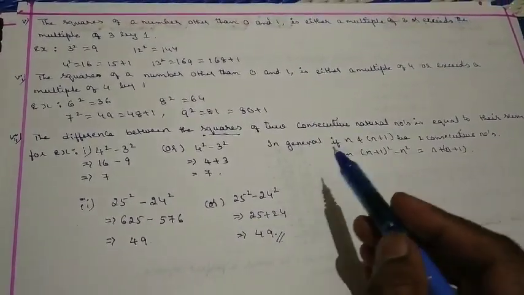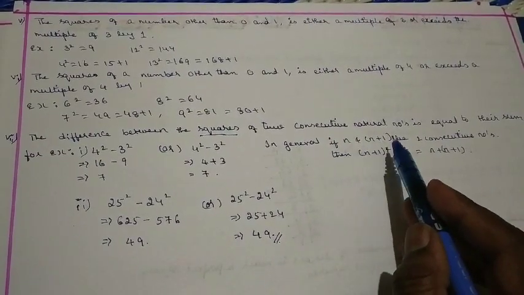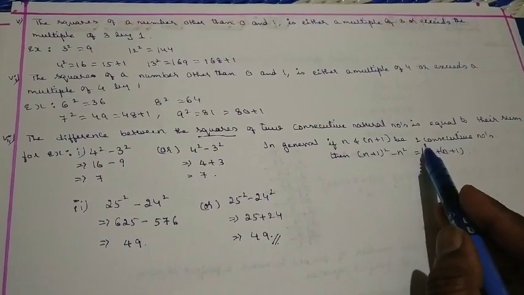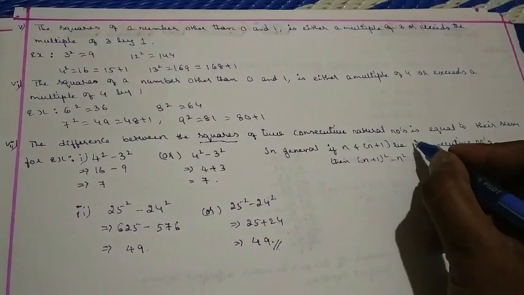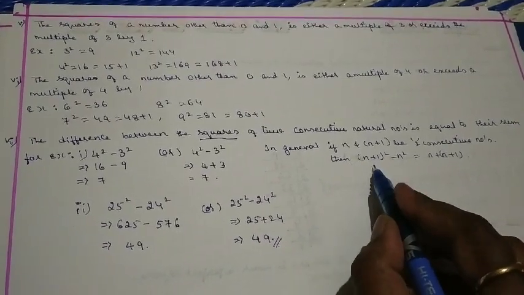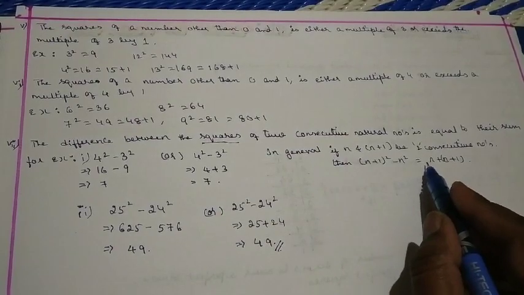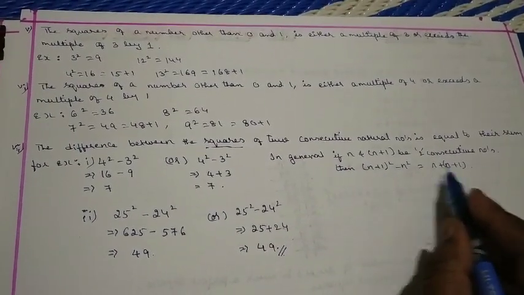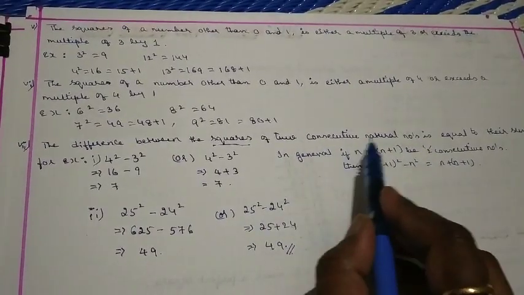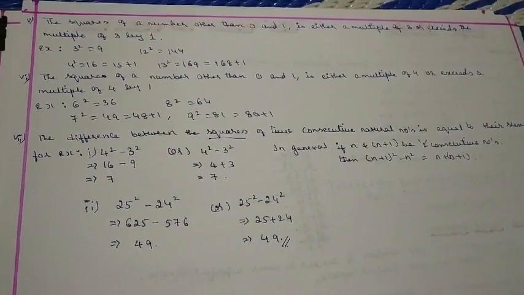In general, we can say that if n and n plus 1 are two consecutive numbers, then their difference, n plus 1 whole square minus n square, is nothing but n plus 1 plus n. Simply remember that the difference of the squares of two consecutive numbers is nothing but the addition of their bases.